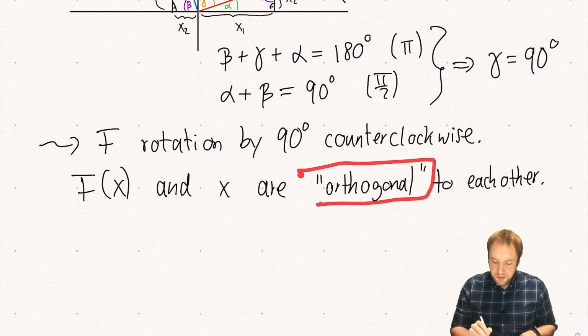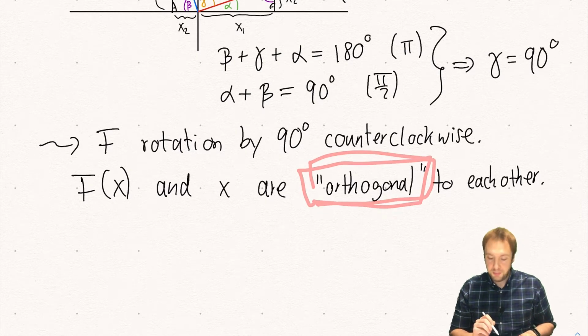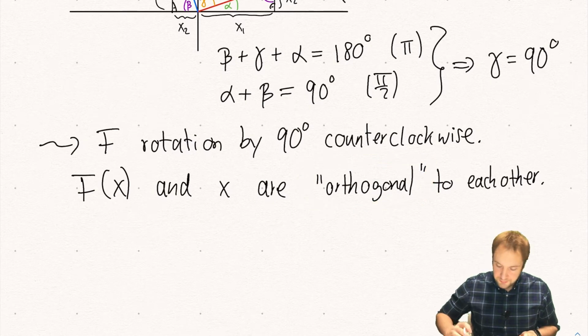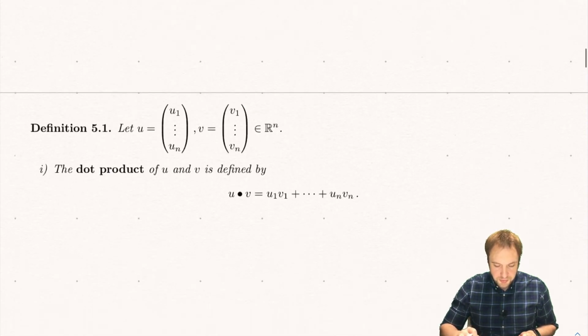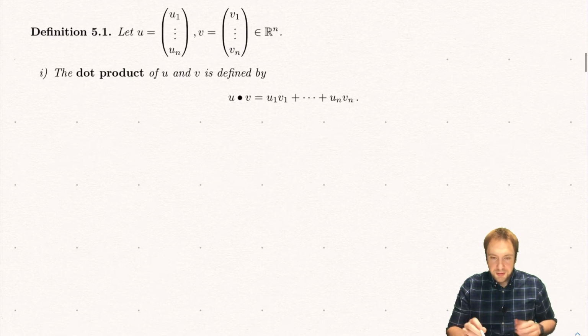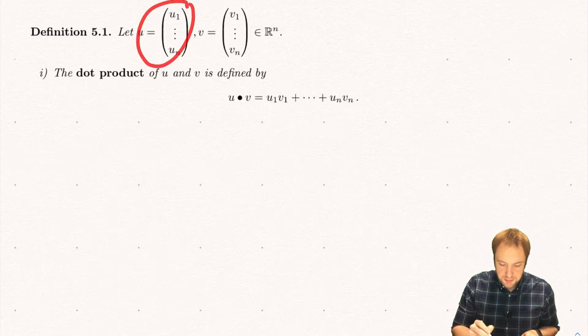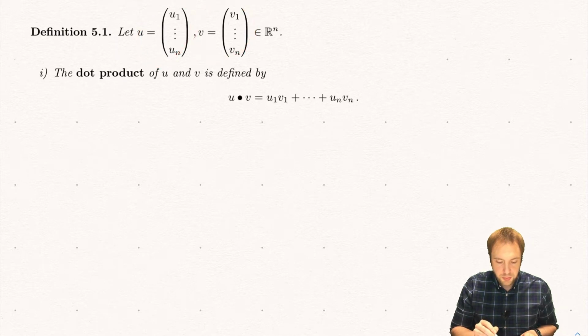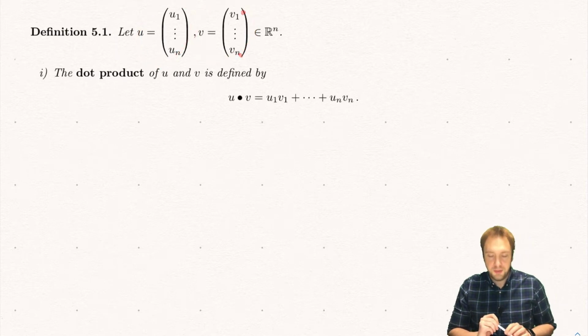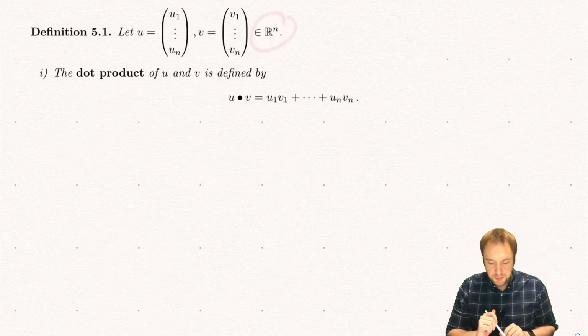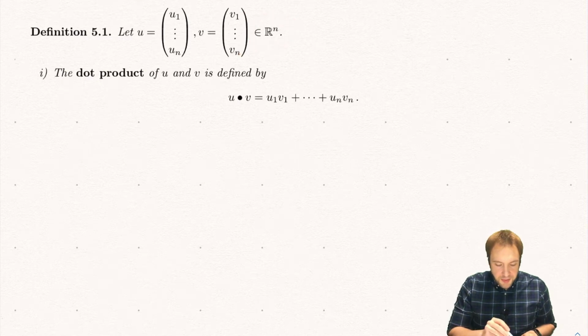But we will define this by using the so-called dot product. So this is the first thing we want to introduce today. So if I have two vectors, u and v, with entries u1 up to un and v1 up to vn, so these are both vectors in Rn, then what we define is the dot product of u and v.